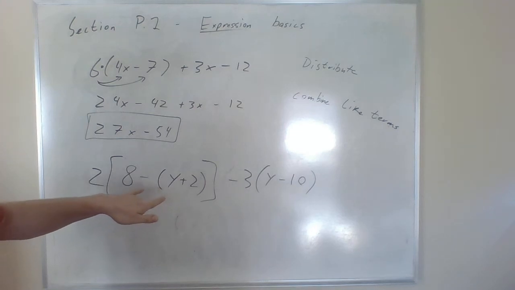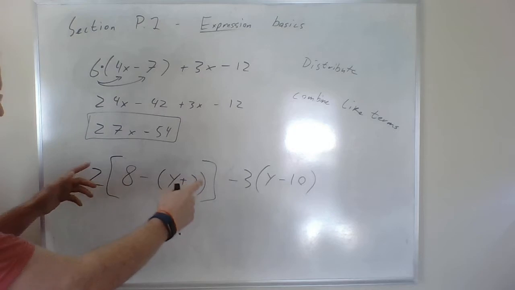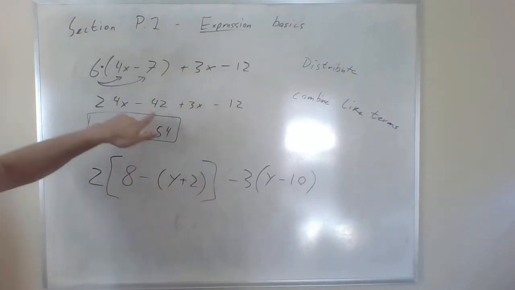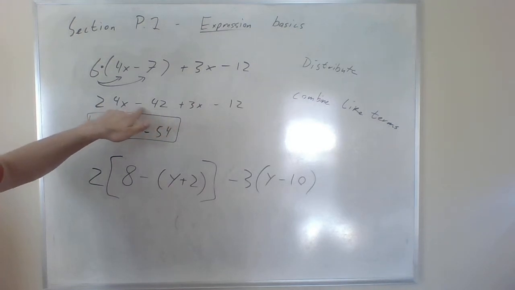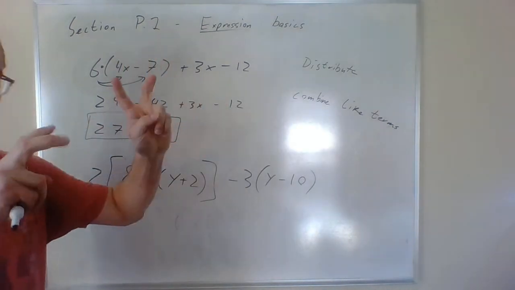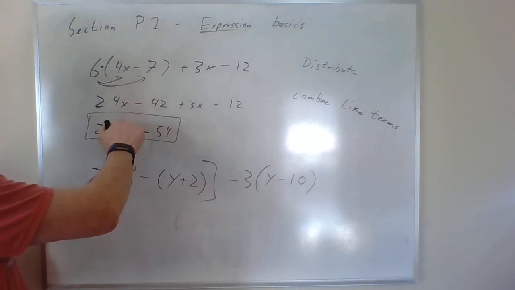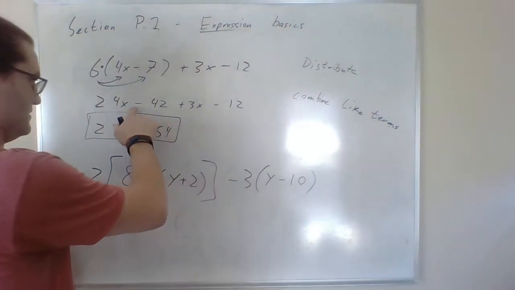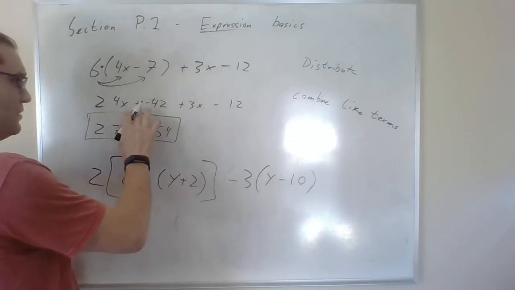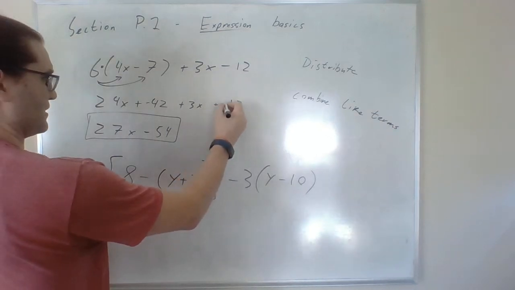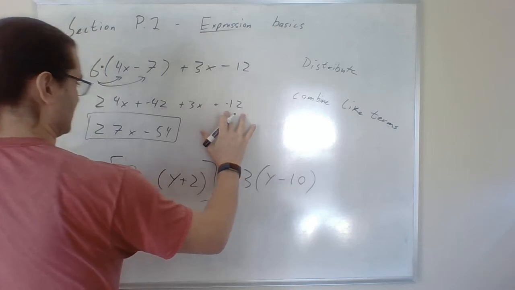In this case, when you have nested parentheses like this, you should work from the inside out. I remember what I wanted to say about this one. When you're combining like terms, make sure that you keep track of what's positive and what's negative. Honestly, I think it's much better, instead of thinking about this as subtracting 42, I think it's always more convenient for me to think about this as being a negative 42 and this as being a negative 12.